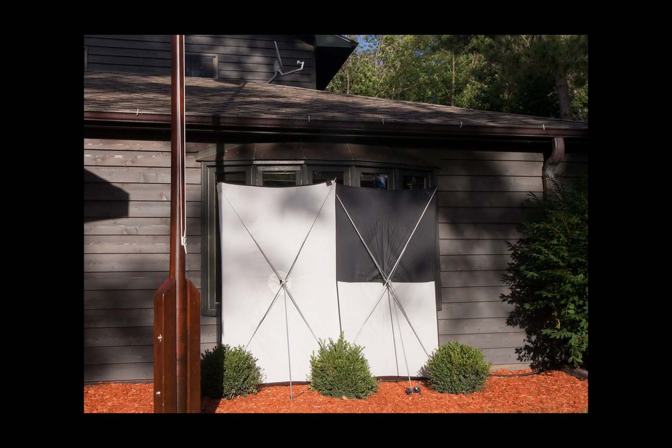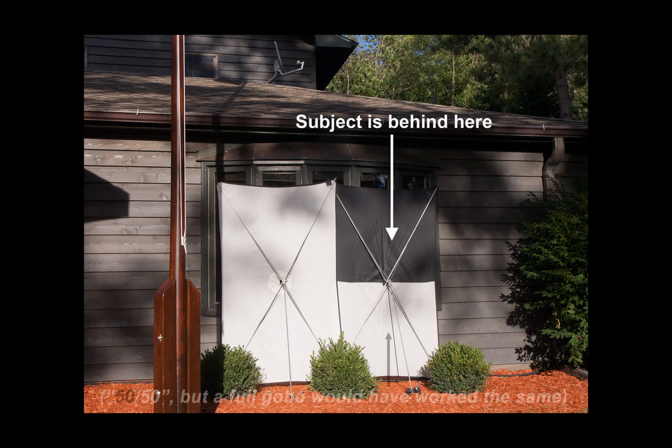We need to block that light directly next to her, but keeping the light coming from in front of her. I did that by putting the black part of a 50-50 next to her, while putting the full scrim closer to the camera. That was inside the house on our left.